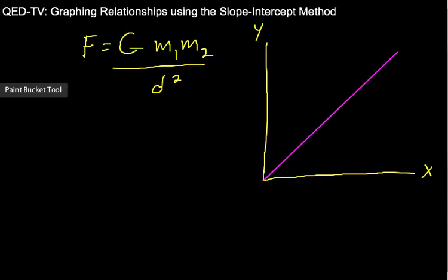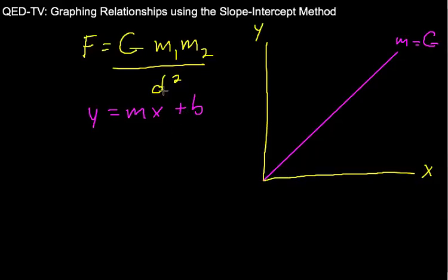I want to figure out the number for G, and I want to graph something on the y and something on the x so that my slope m equals the G constant. So what we need to always do is rearrange this to make it fit into y equals mx, and maybe plus b if there's a y-intercept, but in this case there's no plus term in here, so we're not going to have a y-intercept. We're just going to try to fit it into y equals mx only.